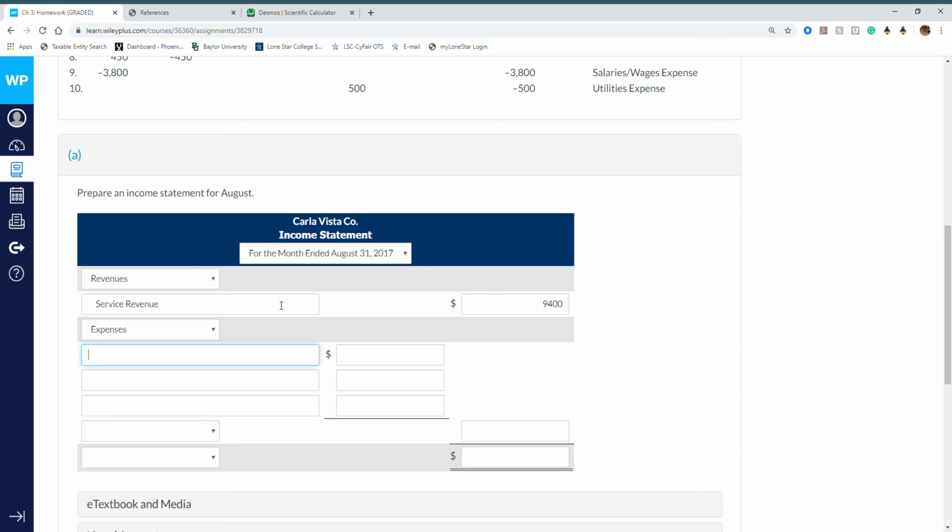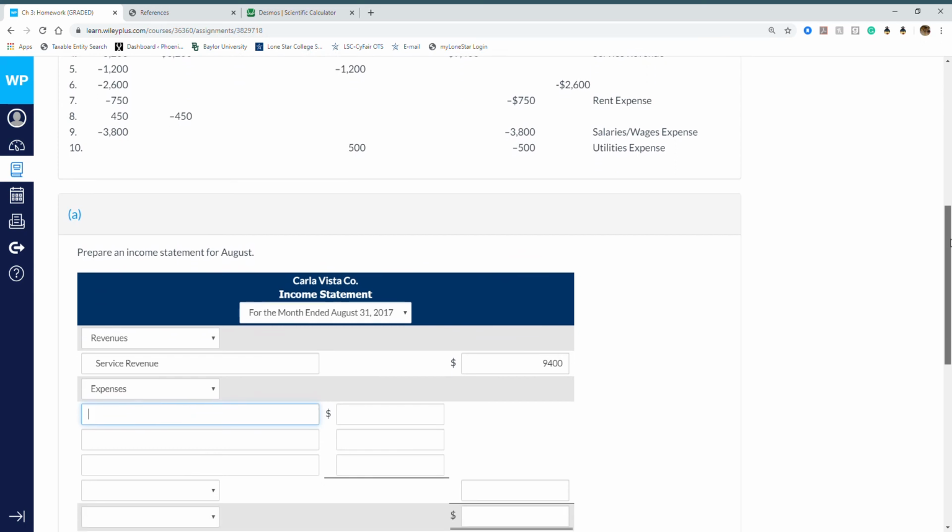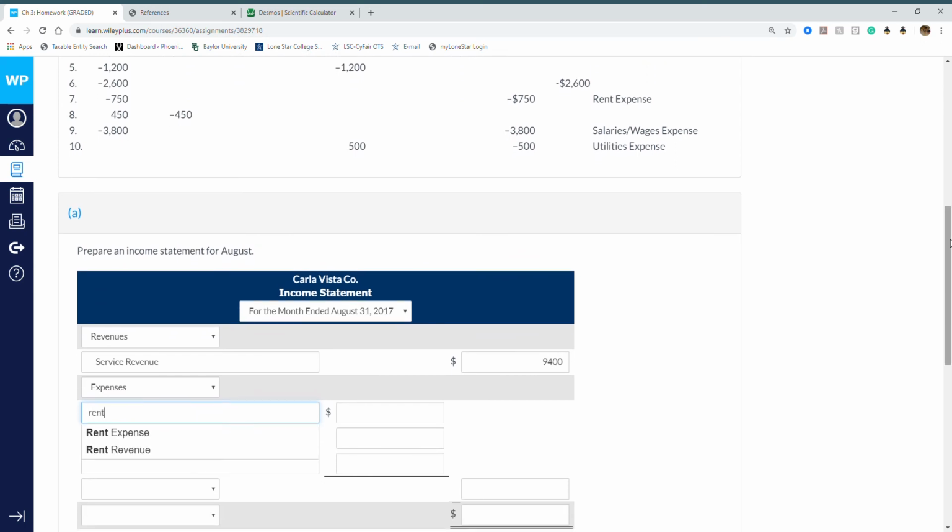Next is our expenses. So we have rent expense of 750. We have salaries of 3,800, and then of course utilities of 500.